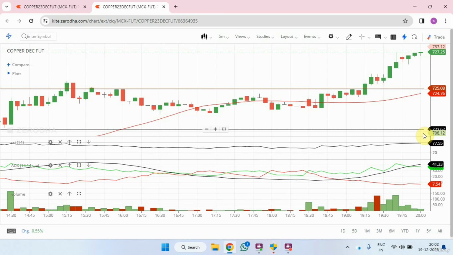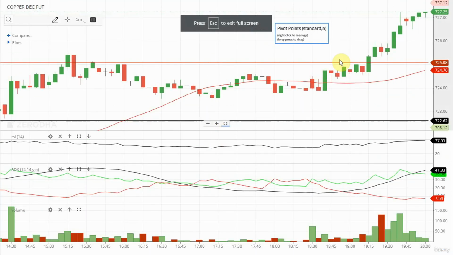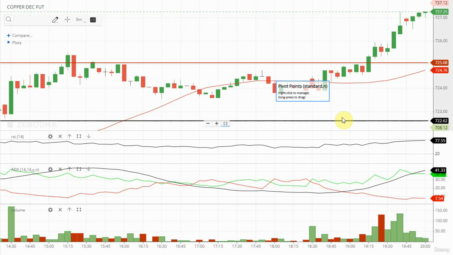We should avoid buying in 0 to 20 or 80 to 100, whether we buy or sell. And you see, this is the resistance level, and the red black line is the support level.